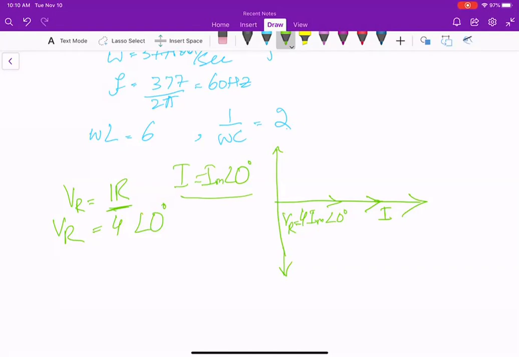Yep, thank you. Okay, now we need to find our VL. So VL is ZLI, and it was omega L I 90 degrees, but as we know that this is I am 0 degrees, so overall angle will be 90 degrees.